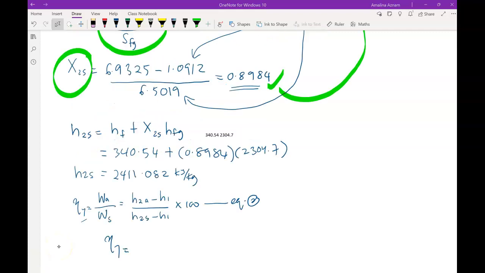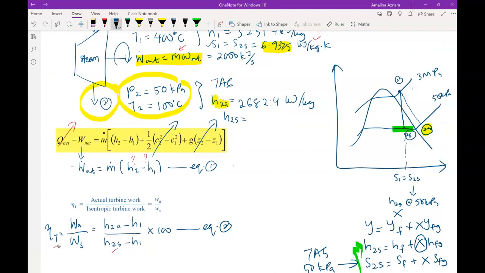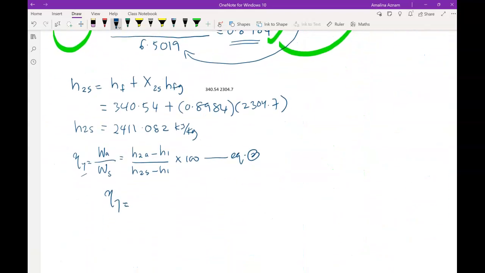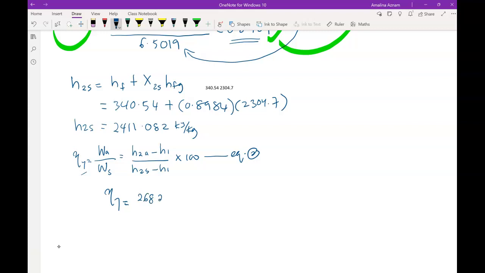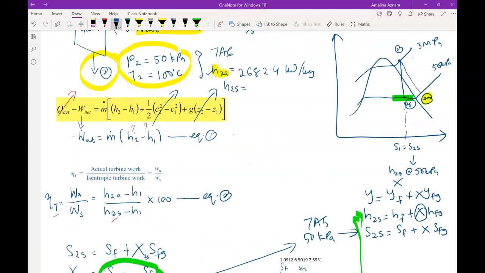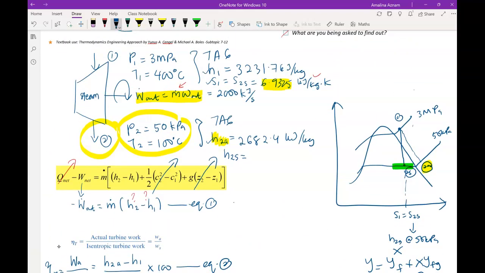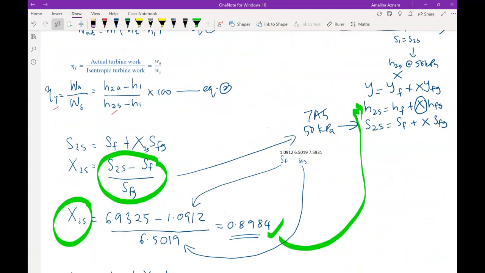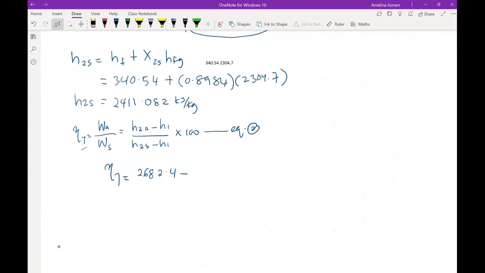Take your h2a directly from this one, which is 2682.4, and minus your h1 that you got from here, 3231.76, divided by your h2s over here.